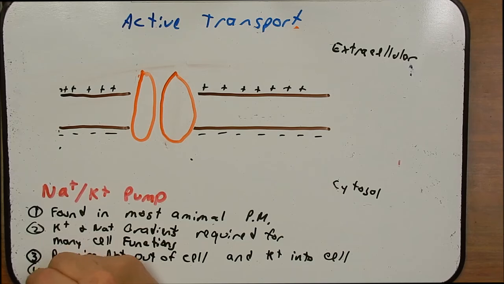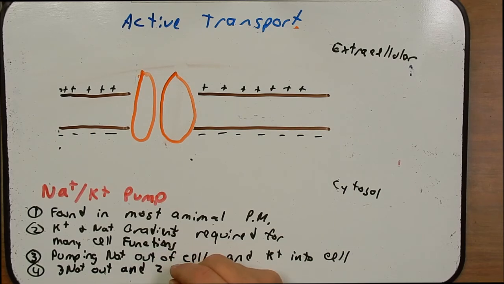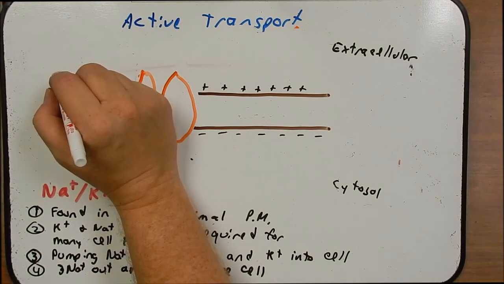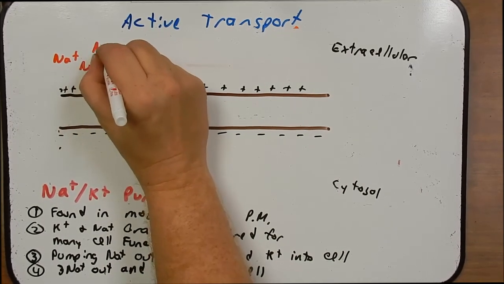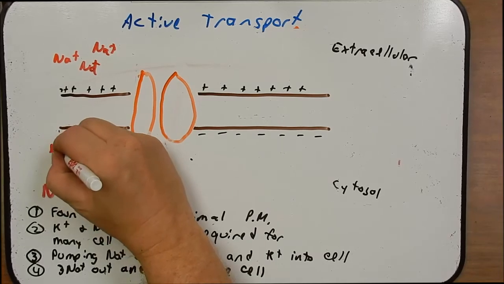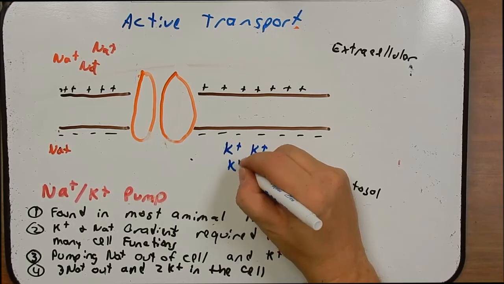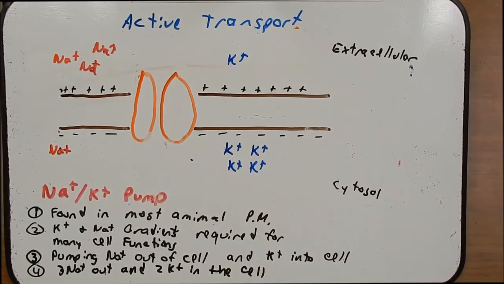In general, what happens is we get 3 sodiums out of the cell and 2 potassiums in the cell. So it's not a 1-to-1 ratio of moving them. Okay, let's go ahead and label our concentrations of sodium. There's more sodium on the outside of the cell compared to the inside of the cell. There's also more potassium on the inside of the cell compared to potassium on the outside of the cell.